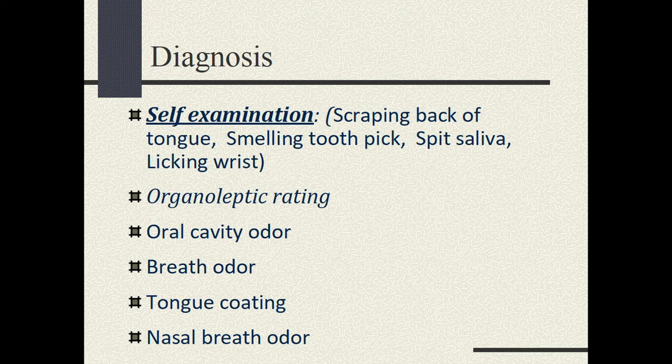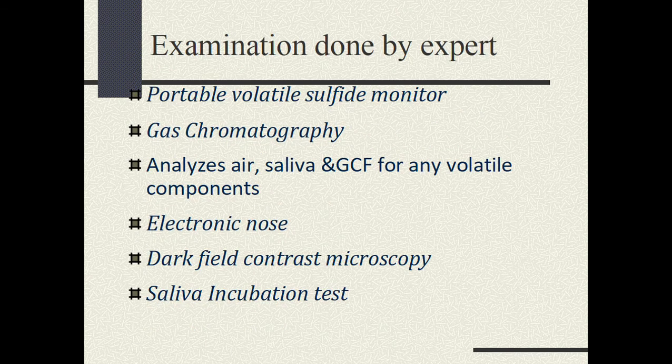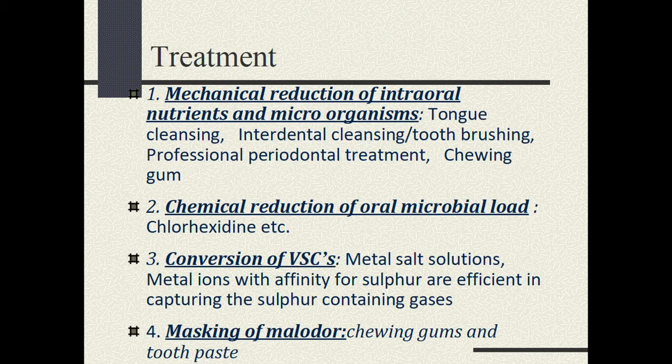Organoleptic rating: oral cavity odor, breath odor, tongue coating, nasal breath odor. Now examination done by an expert: portable volatile sulfide monitor, gas chromatography, analyzing the air, saliva and GCF for the volatile components, electronic nose, dark field contrast microscopy and saliva incubation test.